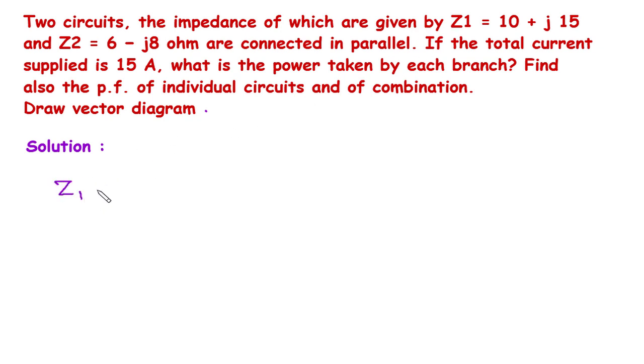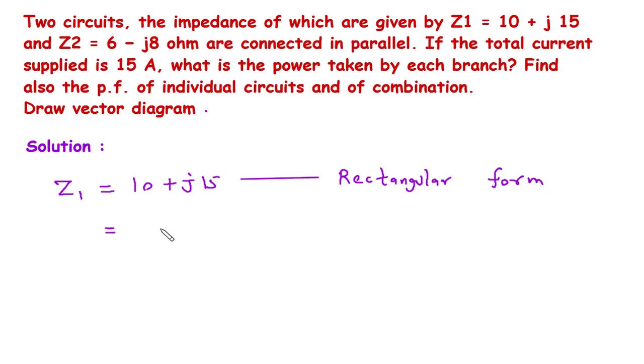The value of Z1 is given. Z1 is equal to 10 plus j15. Now here we can see it is given in rectangular form. Now we can convert this rectangular form to polar form. So it will be under root of 10 square plus 15 square at an angle of tan inverse of 15 by 10.